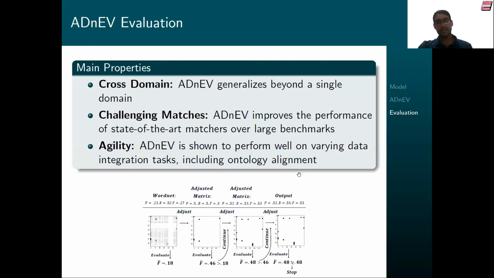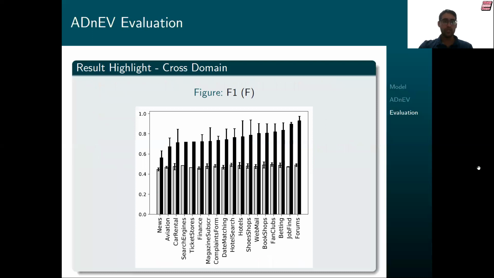Here we can see a sketch of our algorithm over a concrete real-world similarity matrix. Due to time restrictions, I chose to show only the cross-domain ability of our algorithm. More analysis is given in the paper, including an analysis of the different components of our algorithm.